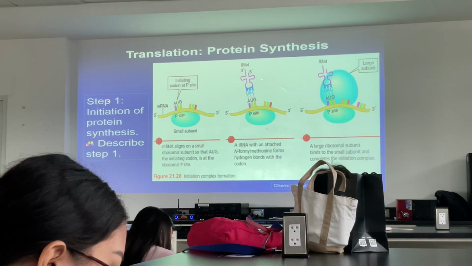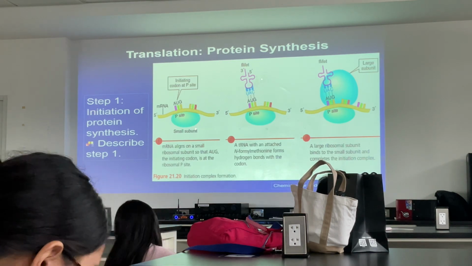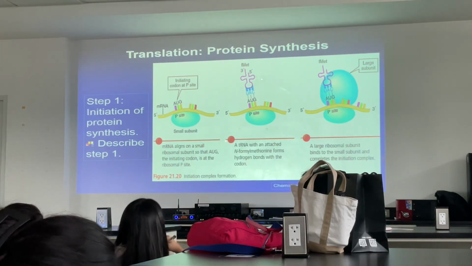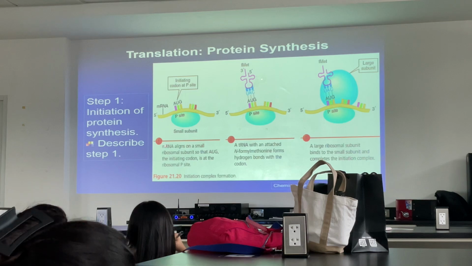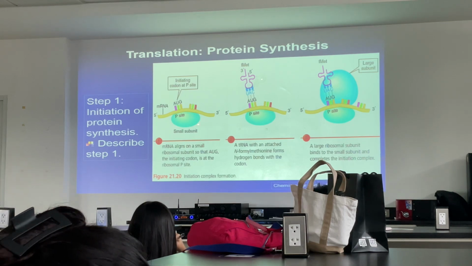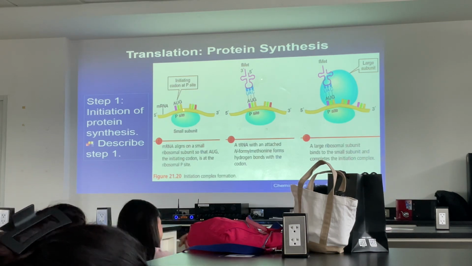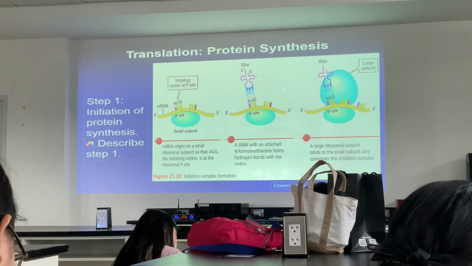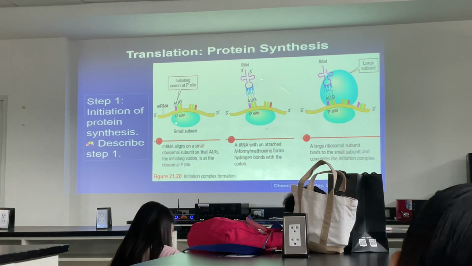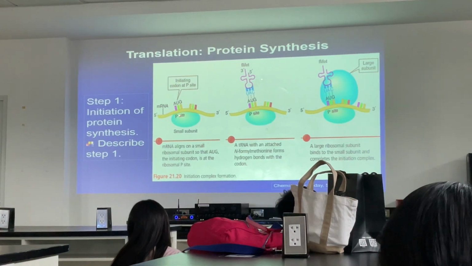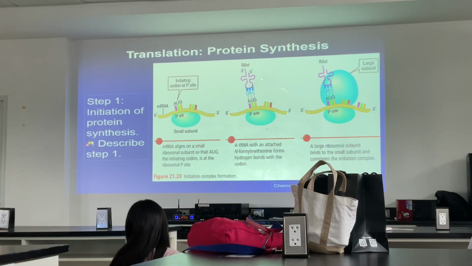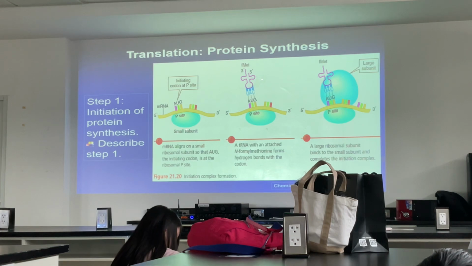During initiation of protein synthesis, first, you only have the small subunit involved. The mRNA will align itself on the small subunit so that the initiation codon, which is AUG, will now be at the P site of the small subunit. It is at the ribosomal P site.